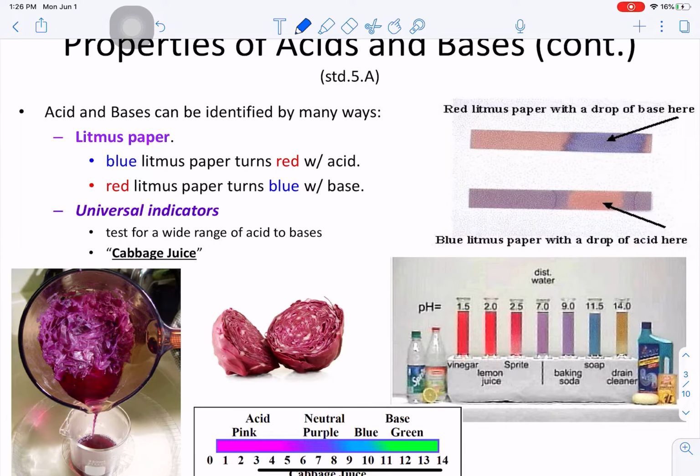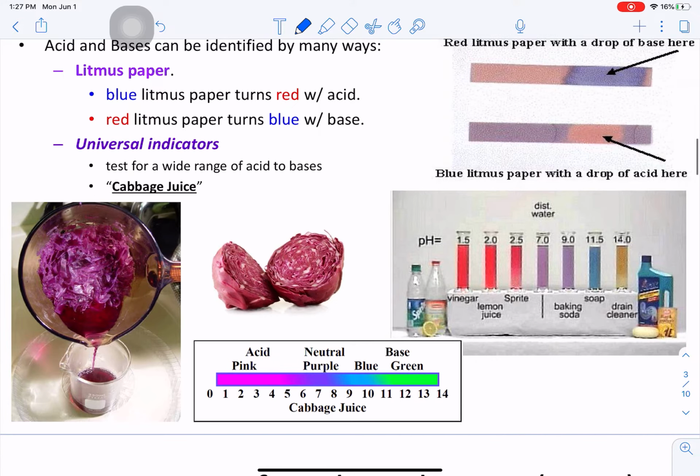Okay, so what you do if you want to obtain that indicator from cabbage juice, all you got to do is get some boiling water, break up some red cabbage, put it in your boiling water, let it sit for a while, let it cool, and then go ahead, pour it into your beaker, and that juice will have indicator properties.